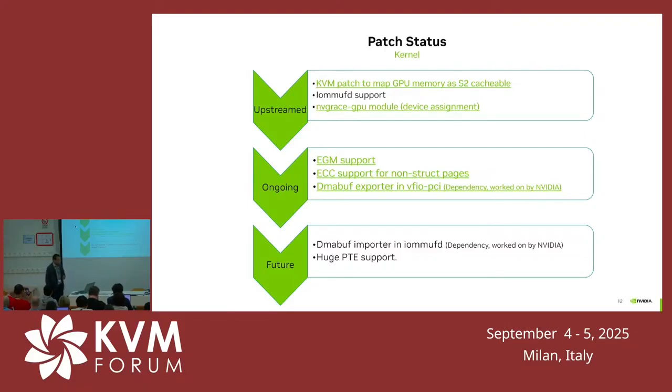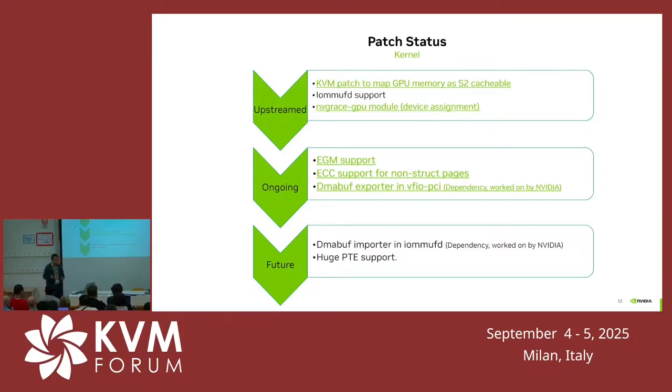In terms of the ongoing project, the EGM support RFC is posted, so folks who want to can take a look. The next step is the ECC support for the non-struct pages, because the mapping is actually remap PFN range, it's PFN map pages, so we need ECC support for that. That is also under the works. The next thing is the DMA buff exporter that we need, to export the GPU memory from the VFIO PCI to the IOMMU FD.